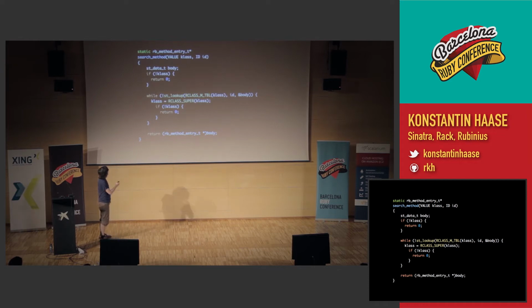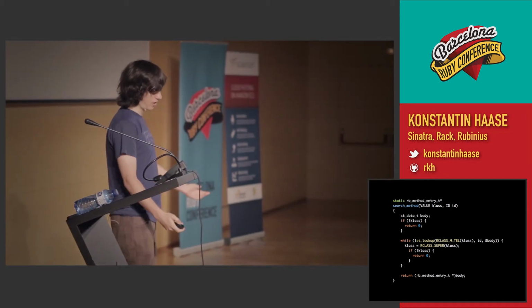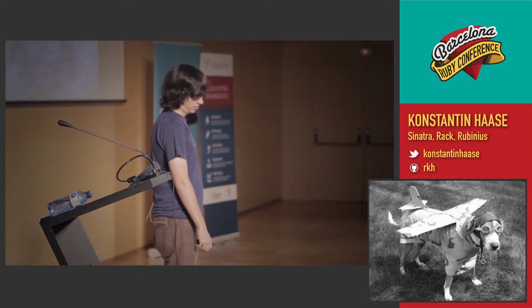And then it goes up the inheritance chain by looping through the classes. It basically just takes the method table and uses the superclass if it's not found, and then it returns the method entry. And that's the code that we need.